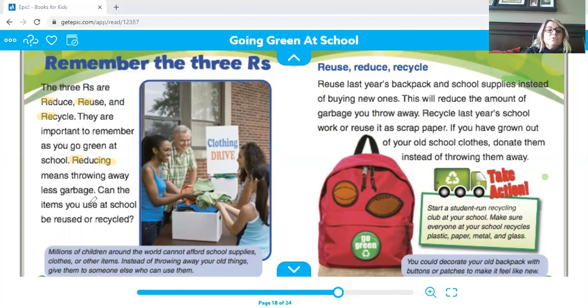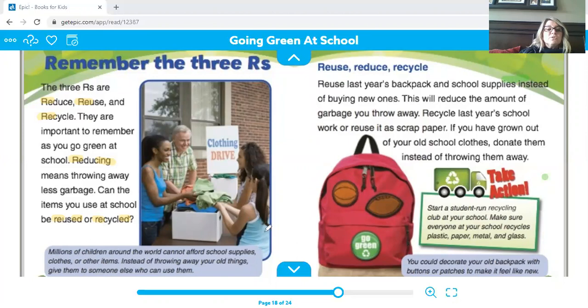Can the items you use at school be reused or recycled? And I see, again, there's a prefix and ed is a suffix. It means it happened in the past. It's what you already did. And this picture here is going to help us give some clues as well.